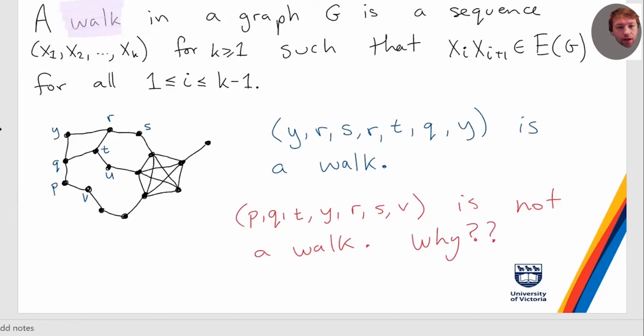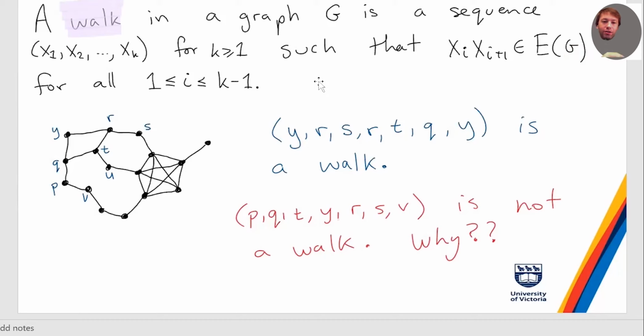Okay, another definition. A walk in a graph is kind of what you might think it is. A walk in a graph is basically what you get by starting at some vertex and then walking around to other vertices, where when you take a step, you go across an edge, right? Imagine this as a network.